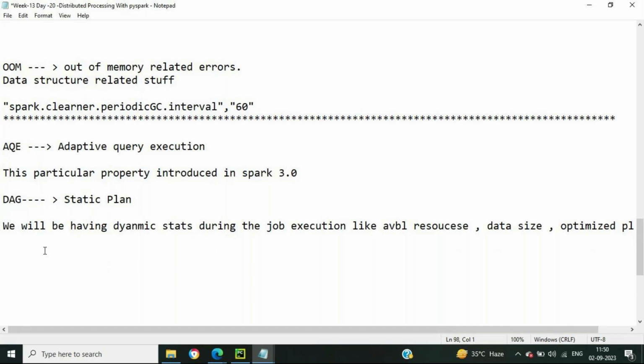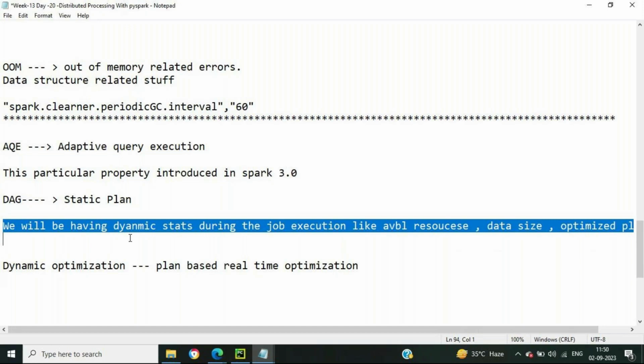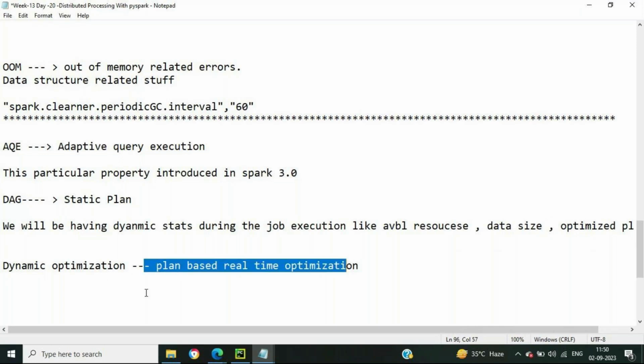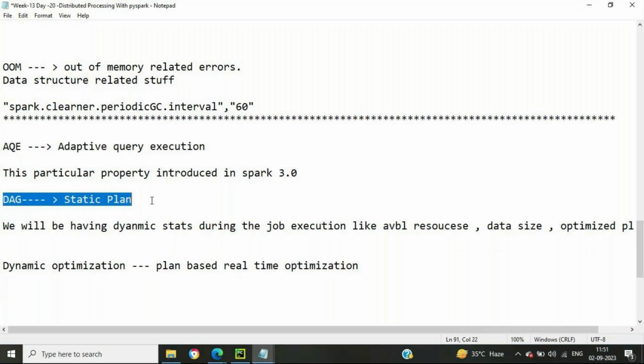So AQE is an optimization technique introduced in Spark 3.0, which provides optimization based upon the dynamic stats, like available resources, data size and the optimized plan, and then we are able to get better performance, which was not possible with a static plan.